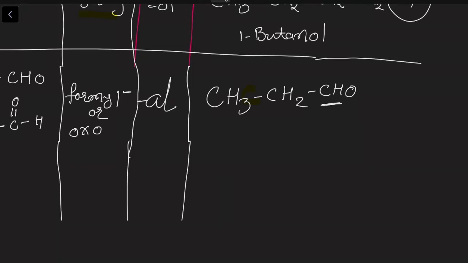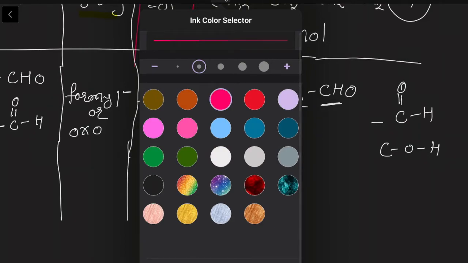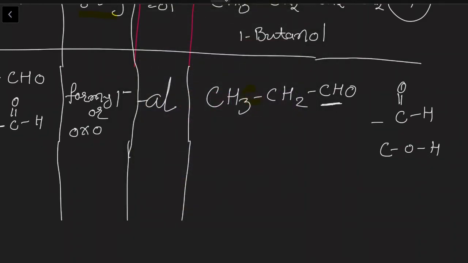We never write COH. COH means CO and then H. This is not how it is bonded. It is bonded C double bond O and then H, and that's why it is written as CHO.